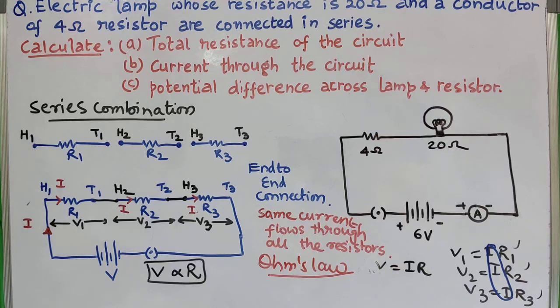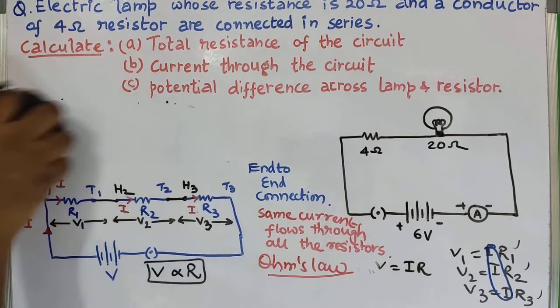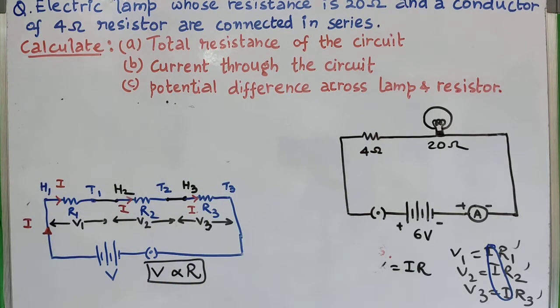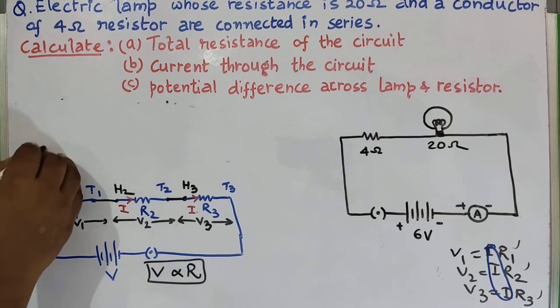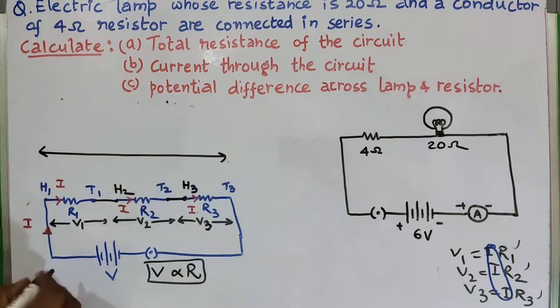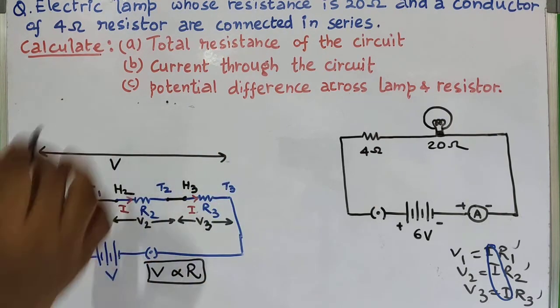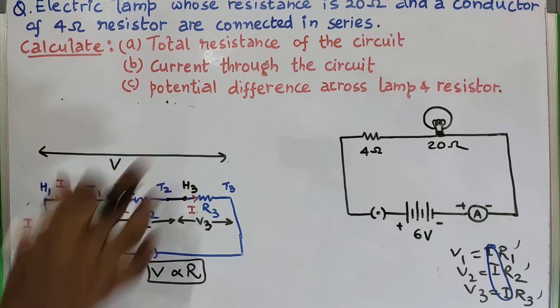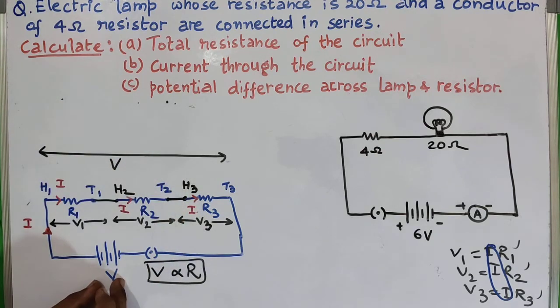So clear? Now one thing you have to understand here, when we have this combination, is what is the net potential difference across the ends of the combination. Let me call it V. Why is this V? This potential difference is maintained by my battery source.